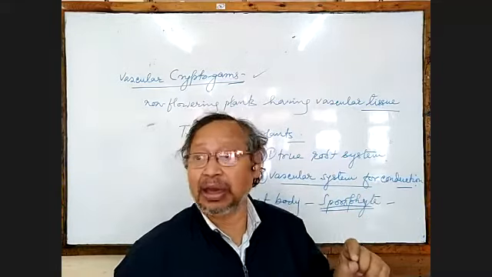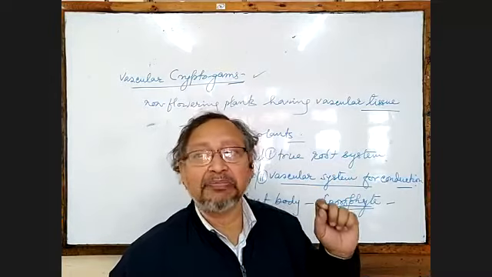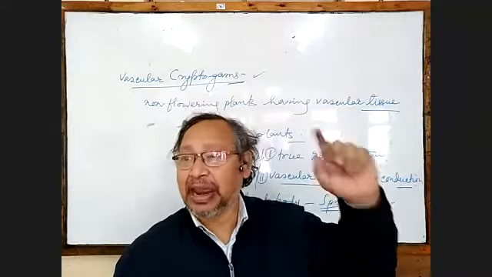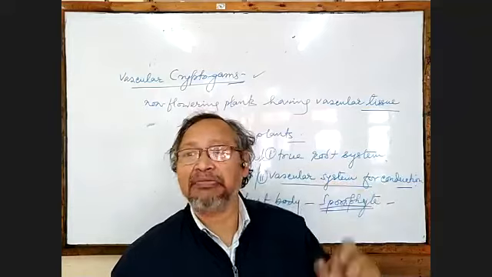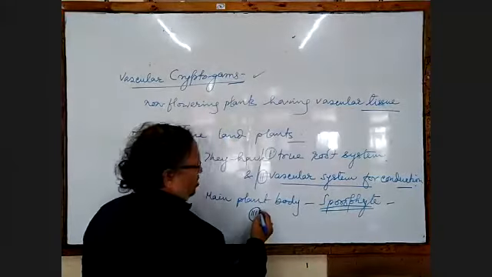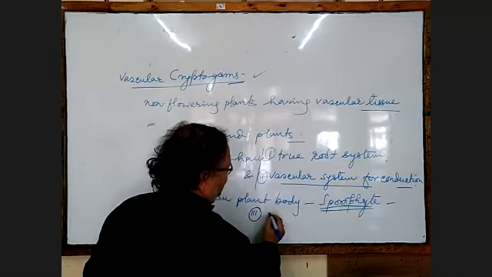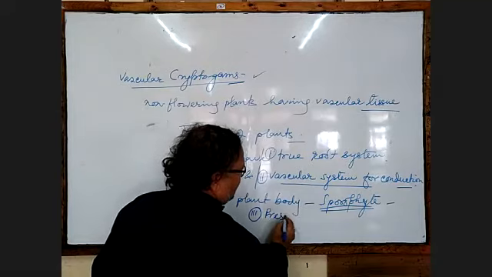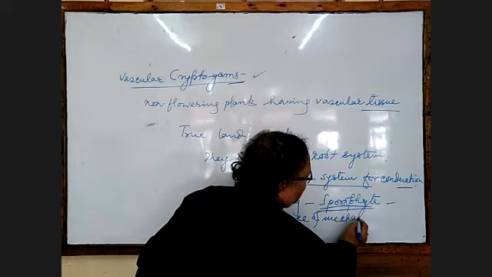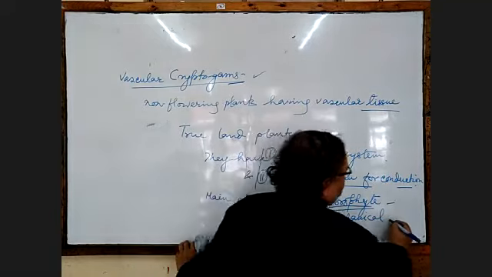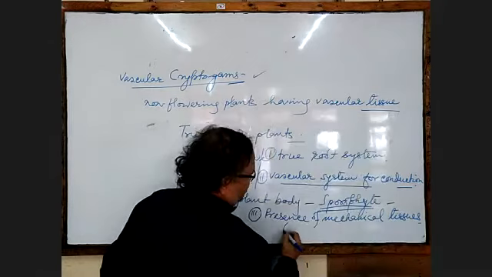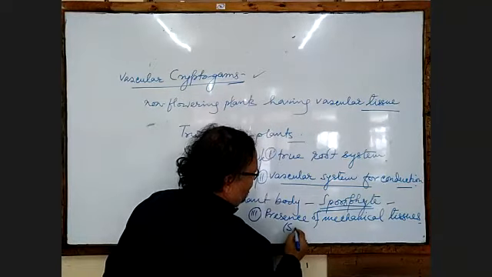That is sclerenchyma, the main mechanical tissue. If a plant is standing erect, it needs strong tissue, and that is the presence of mechanical tissue, particularly sclerenchyma.